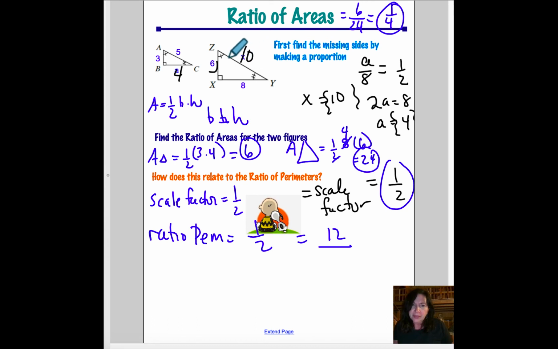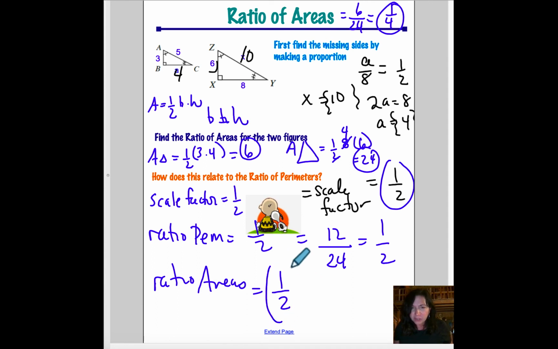To the perimeter of this, which is 18 plus 6. What's 18 plus 6? That's 24. And that's going to be 1/2. And therefore, the ratio of areas is actually taking my ratio of perimeters or my scale factor and squaring that, and I get 1/4, which is what we got up on top.